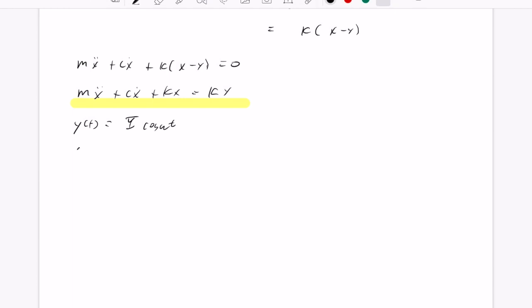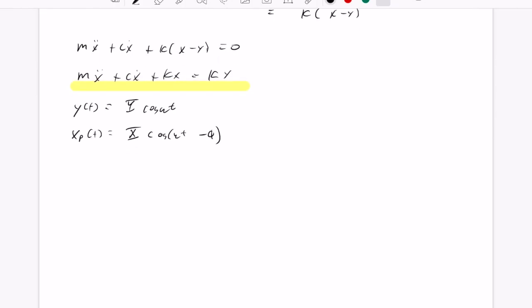And we are going to assume that our particular solution has the form of a magnitude x times cosine omega t minus phi. And there's always a phase shift. If c does not equal 0, you're always going to have the phase shift. The phase shift comes from the damping.